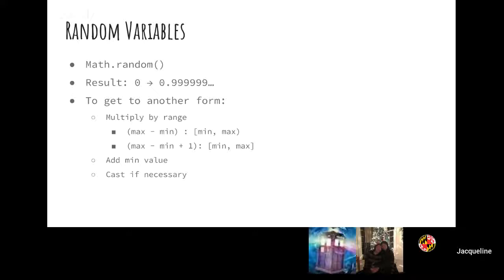The one thing that's good about Math.random as opposed to the Random object is that with the Random object, you have to create a separate object before you can start using it.